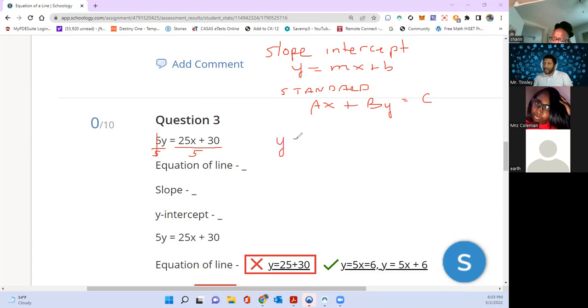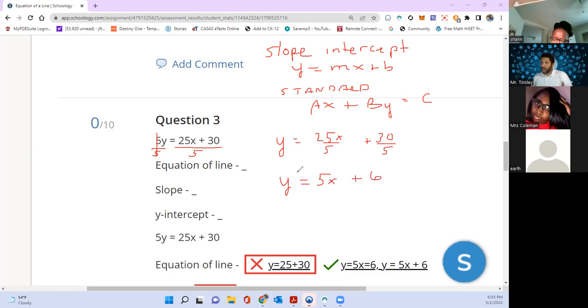We get y equals 25x divided by 5 plus 30 divided by 5. These are unlike terms, and since they cannot be combined, we must divide them separately. So then we get y equals 5x plus 6.